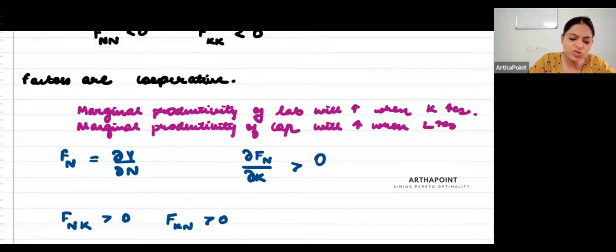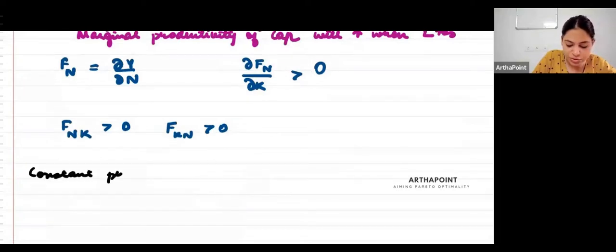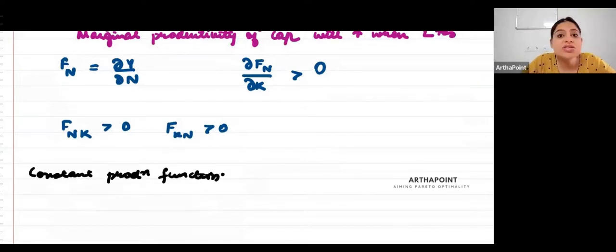Now, we want to go ahead and assume some more things. So, we will assume that we have a constant returns to scale production function, because it is a perfectly competitive market, right? And we know that one property of CRS, constant returns to scale production function, is zero profit.